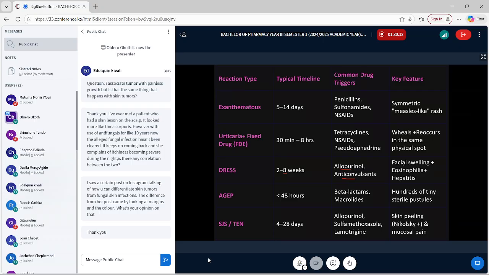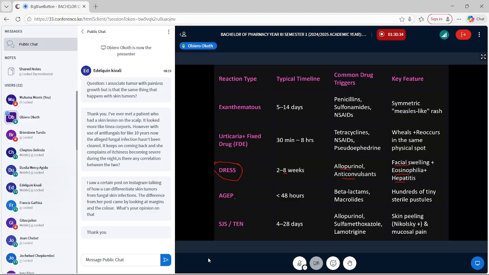You also get it with anticonvulsants. These patients normally have facial swelling, they'll have eosinophilia, and they'll have one other organ affected, like hepatitis or nephritis.